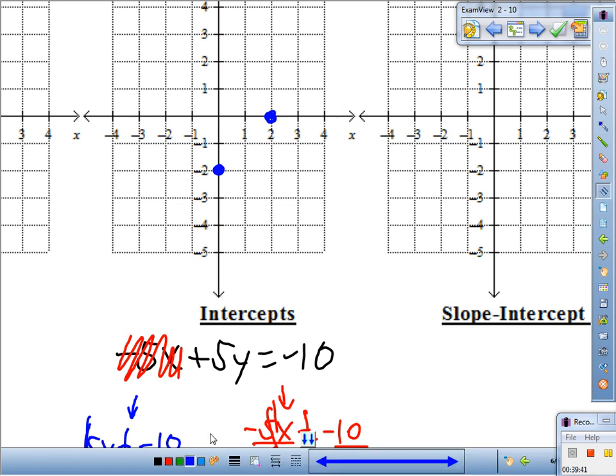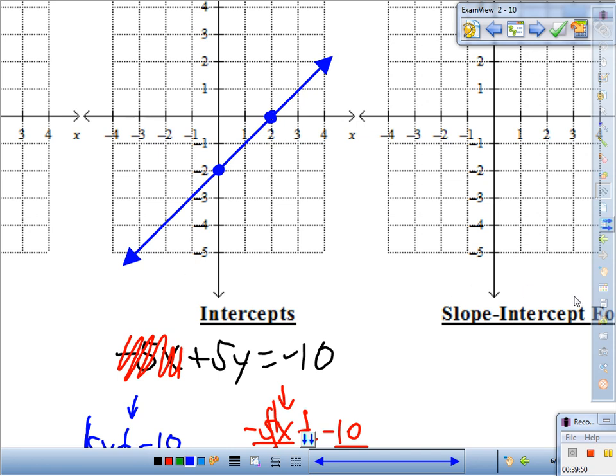Sketch your line nice and straight. Make sure it goes through the whole coordinate plane. Arrows at the end. Are we there? All right.